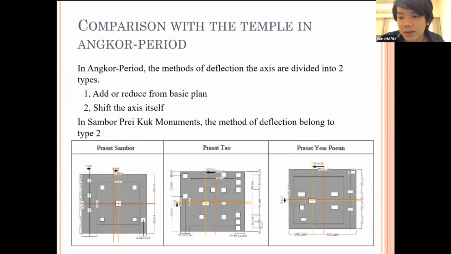In the Angkor period, the method of deflection of the axis is divided into two types. The first type is to add or reduce from the basic plan, and the second type is to shift the axis itself. In Sambor Prei Kuk monuments, the method of deflection belongs to type 2.